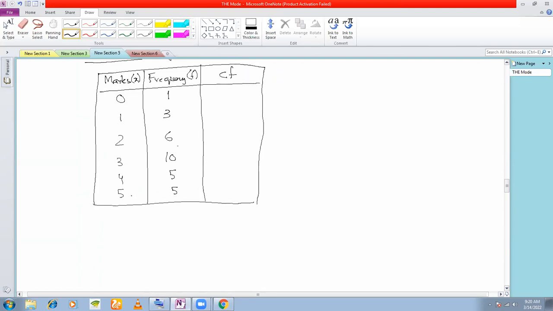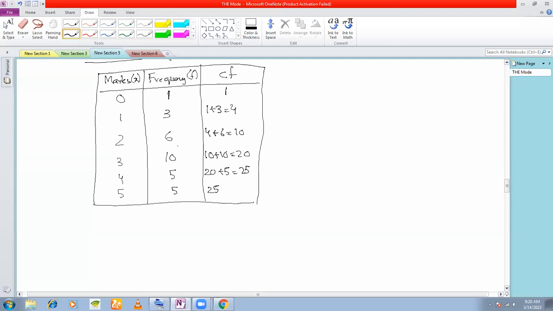Now we need to calculate the cumulative frequency for each. For the first one, this is 1, so this will remain 1. For the next one, you add 1 plus 3, so you get 4. For the next one, you add 4 plus 6 to get 10. For the next one, you add 10 plus 10 to get 20. Then you have 20 plus 5 equal to 25.